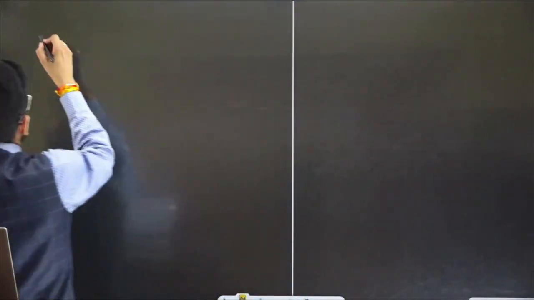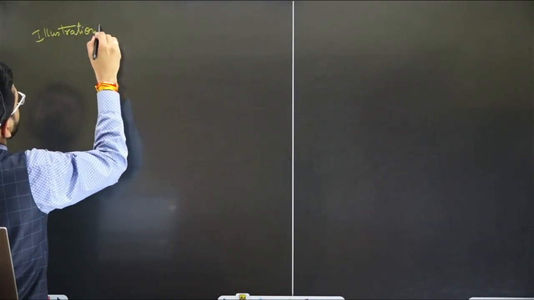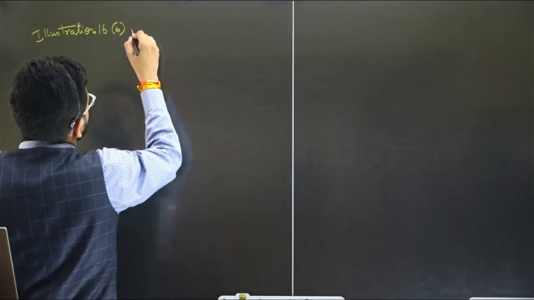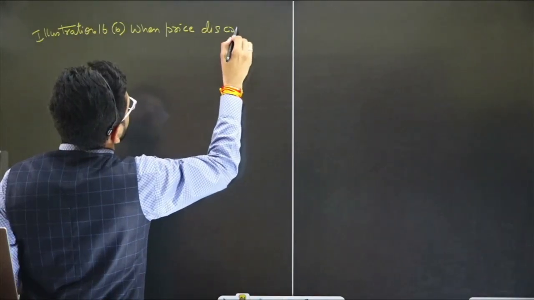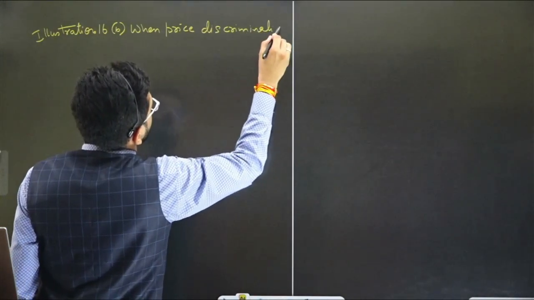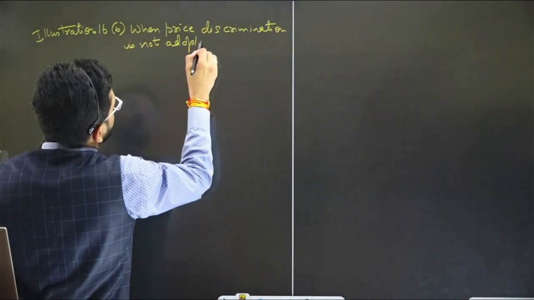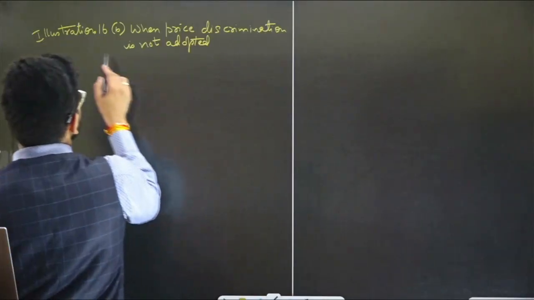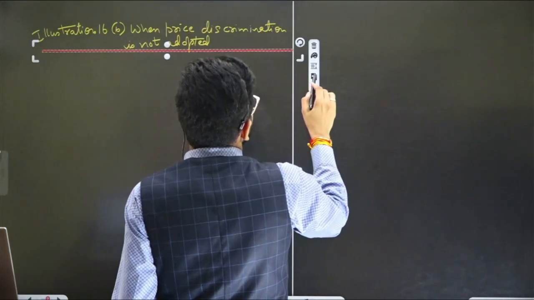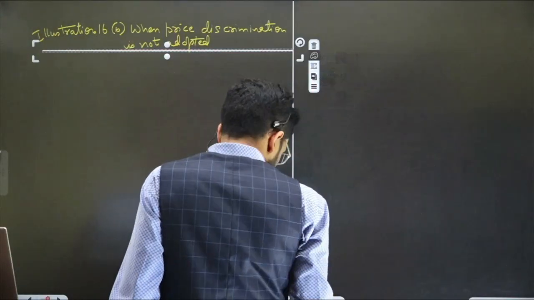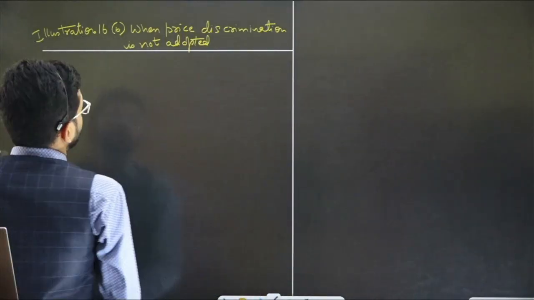Illustration number 16, part B. When price discrimination is not adopted, then what will be the profit maximizing level of output, quantity and price?